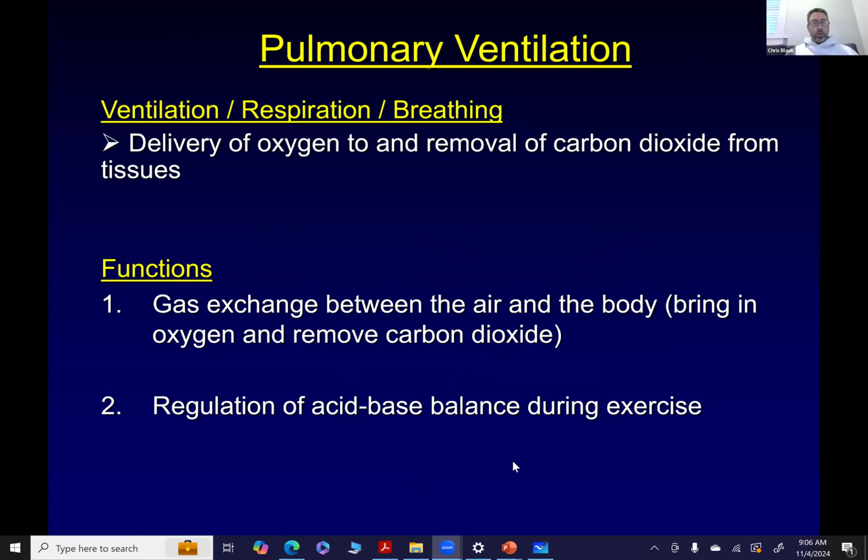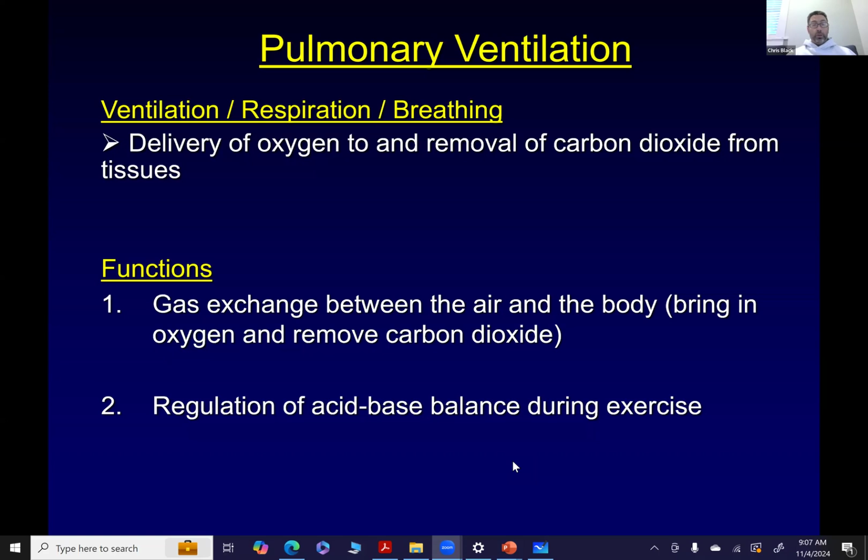So as we start off, most of the stuff I know is going to be review for you guys, the mechanics part at least. But the idea of what is called pulmonary ventilation is in many ways the pulmonary analog, the lung analog, to cardiac output.